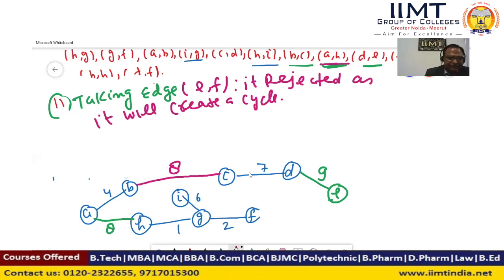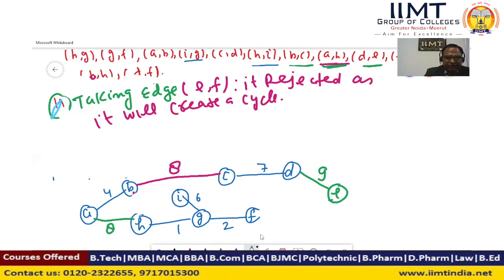Next edge is B comma H. This is B. B comma H. Can we consider it? If we consider it, it will create a cycle again. So we cannot consider it. The same case, we will reject it.